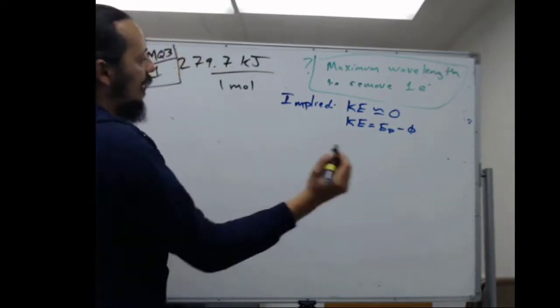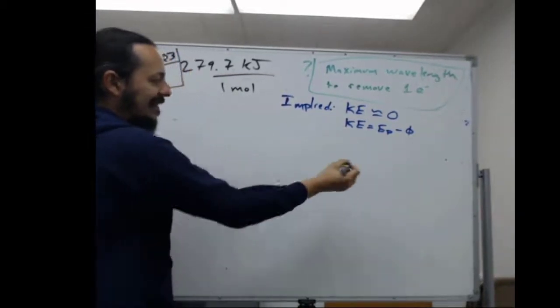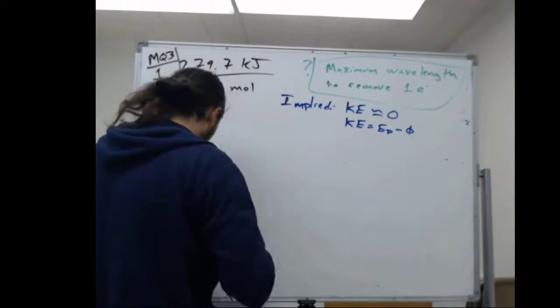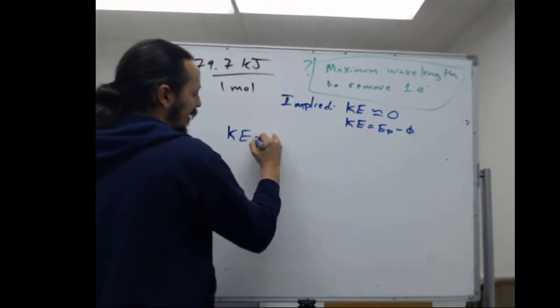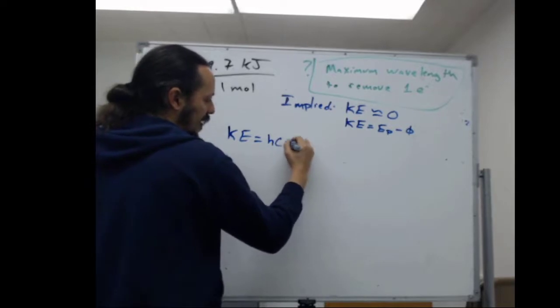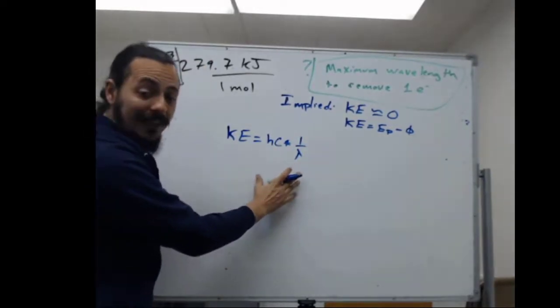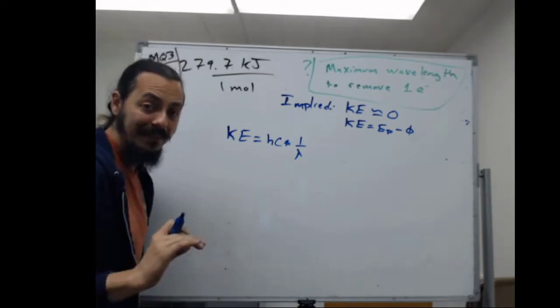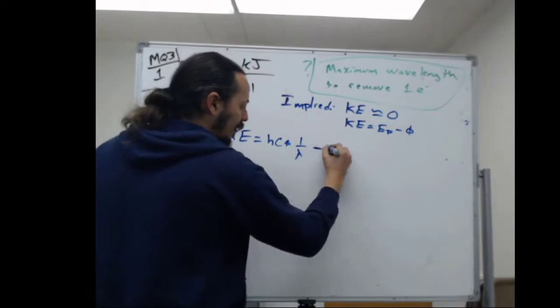So we're going to plug in a couple things. Instead of just saying kinetic energy is equal to the energy of the photon, we can say kinetic energy is equal to hc times 1 over lambda minus work function. I am writing this a little bit funny because I'm also getting us ready for the prep activity.